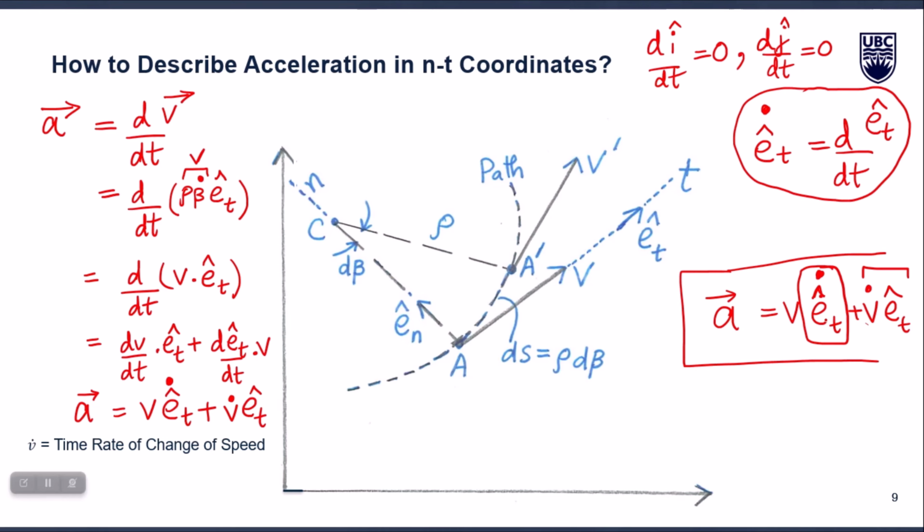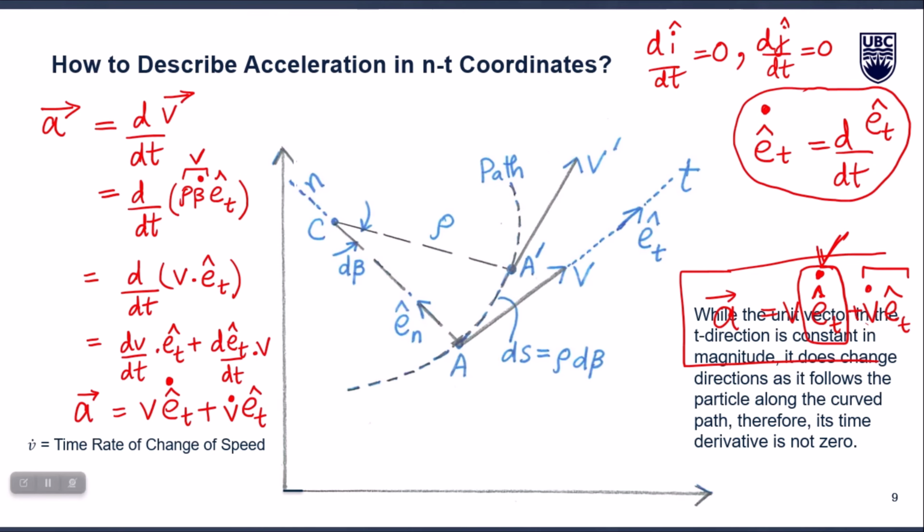We need to calculate the first derivative of E sub t with respect to time, and then come back to this equation, put it here, and that will be the complete description of the acceleration vector in nt coordinates. So the main point is that this derivative is not 0; it needs to be determined.